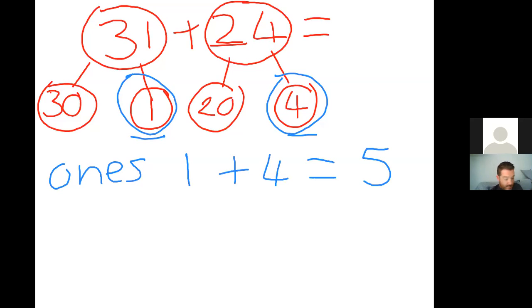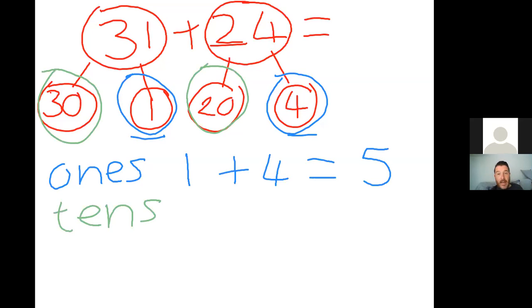Then we need to add the tens of each number. So this part and this part. We're adding the tens. We've got 30 in the first number, add 20 in the second number.